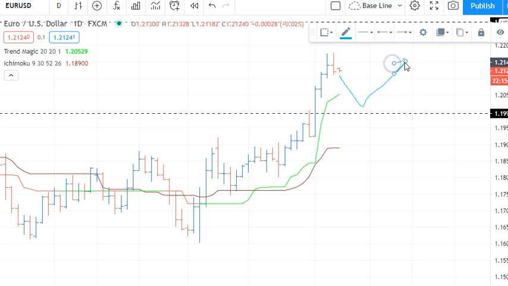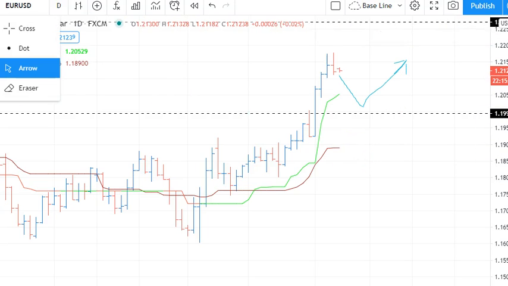Now, we might not get it, obviously, so we just have to be patient and wait. On any break above here, I would be dipping my toe in the water again, but I really want to see this, and then I'd much rather buy from there.